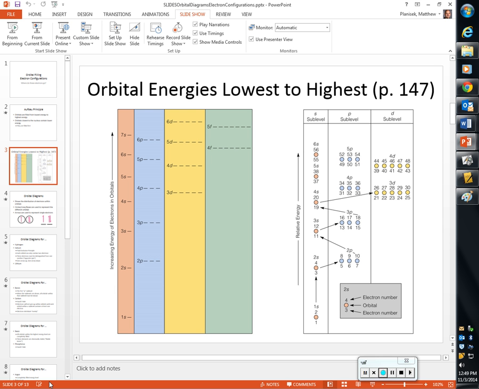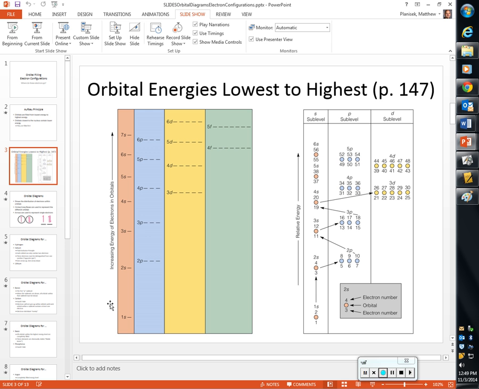However, how many p orbitals are there? 3. Remember? Left, right, up, down, front, back. X, Y, Z. Together, they make the p sublevel, but there are 3 individual orbitals.